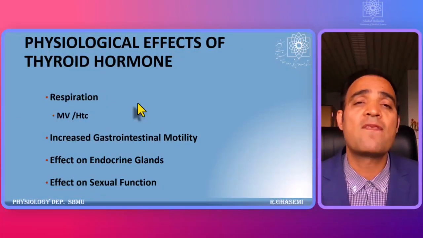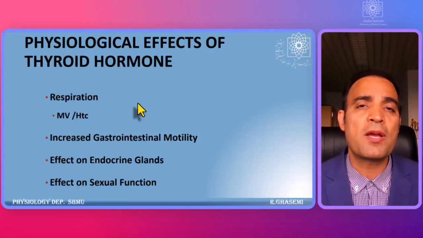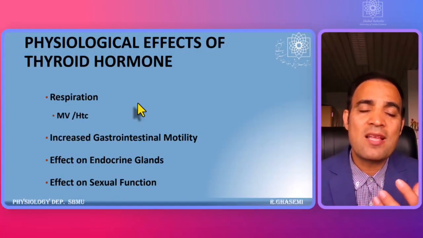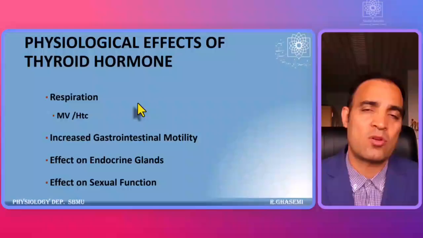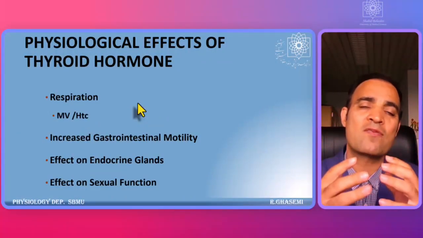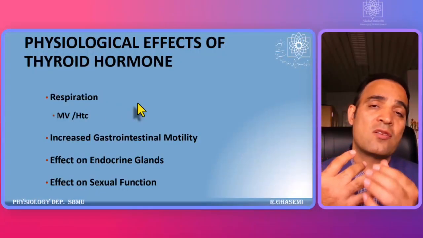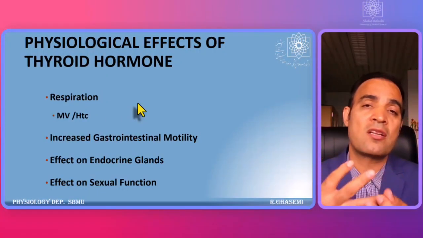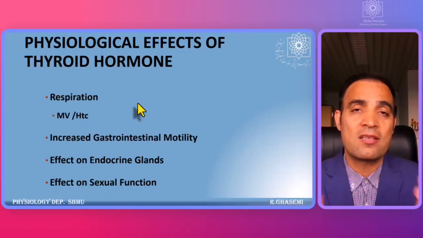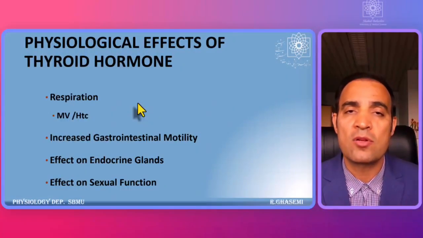Endocrine glands and the function of other endocrine glands except the thyroid also depend on normal thyroid hormone, because their metabolism depends on thyroid hormone. I can say that normal thyroid hormone is required for normal function of hepatic cells, adrenal cells, genital glands, and all these depend on thyroid hormone.